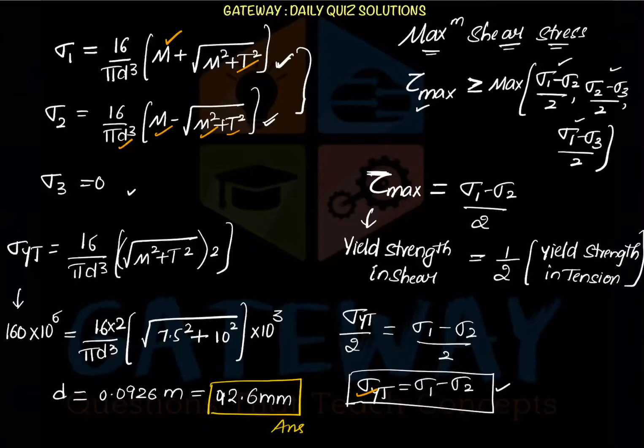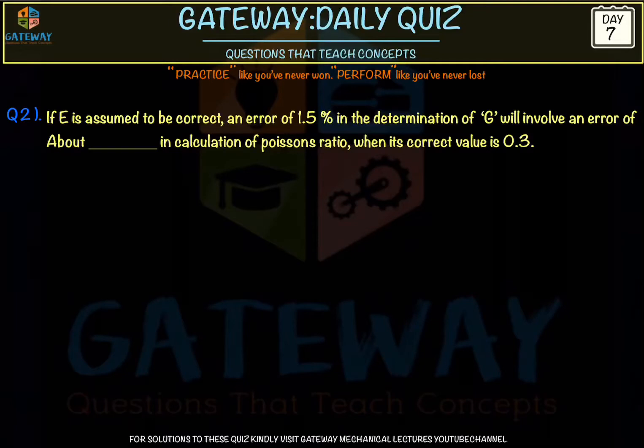Going to the next question. If E is assumed to be correct, an error of 1.5% in the determination of G will involve an error of about a dash in the calculation of Poisson ratio when its correct value is 0.3. Here in the question it is given E is assumed to be correct.